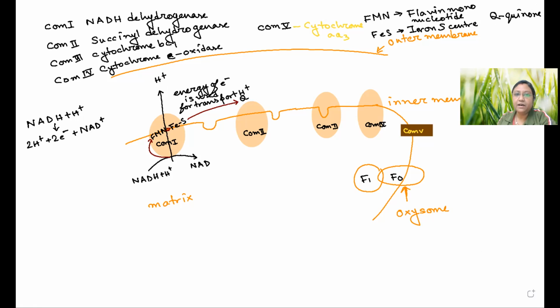Now, similarly, when I am talking about FADH2, FADH2 cannot be available to first complex. Why? What is the name of first complex? NADH dehydrogenase. So it is having ability to dehydrogenation reaction of NADH, not FADH.